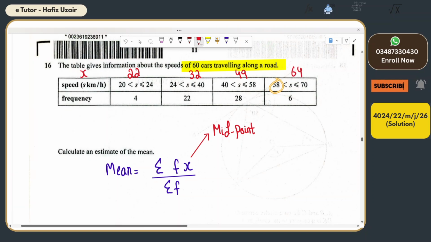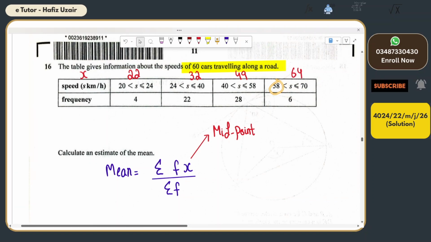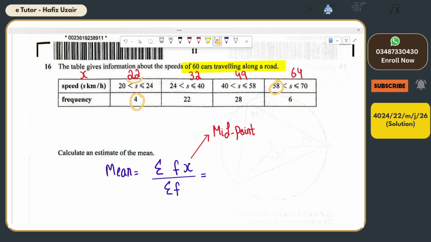Now let's do summation f multiplied by x. Now that you have the values of the midpoints, just multiply the frequency and the midpoint and add these. Here the frequency is 4 and the midpoint is 22.